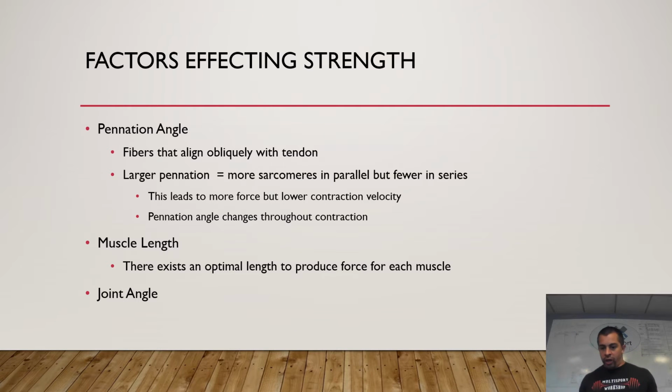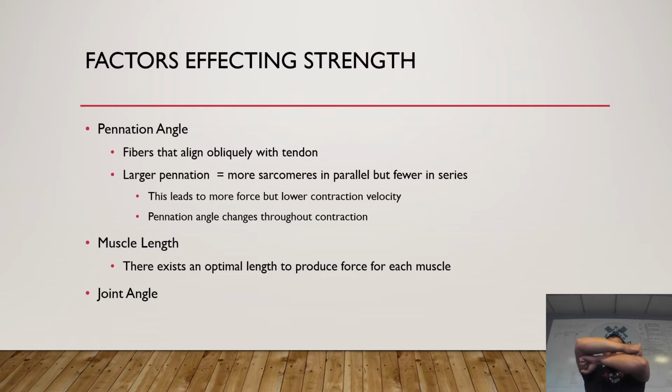So in theory, because there's various cross bridges, if a muscle looks like this, there's only like one cross bridge head that can actually pull to produce force, right? So this would not be optimal, because there's only one cross bridge head.